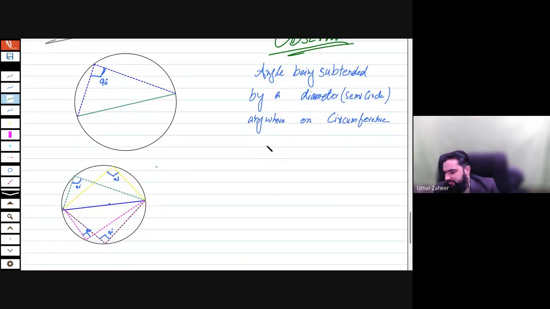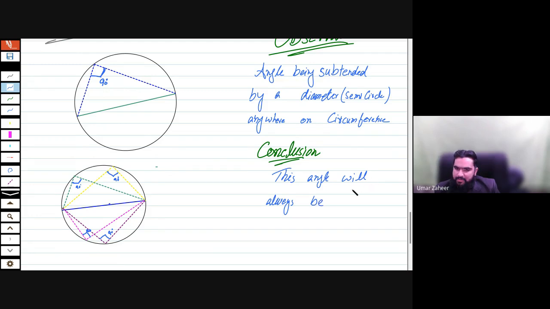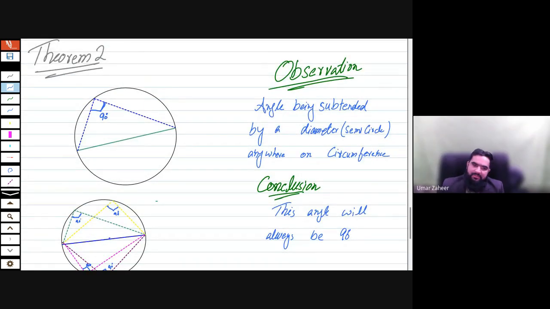The conclusion is that this angle will always be 90 degrees. If the angle is subtended from the diameter on the circumference, it is always 90 degrees. This is your second theorem.